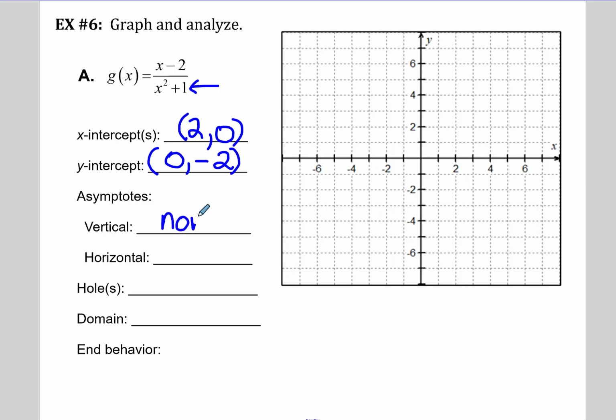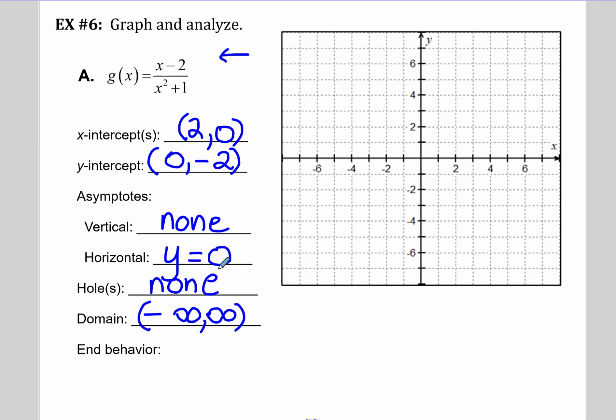No, we can't have a vertical asymptote. Then comparing powers, x to the first and x to the second, our horizontal asymptote is 0. Nothing canceled, so we have no hole, and there's no vertical asymptotes, so domain can be all reals.